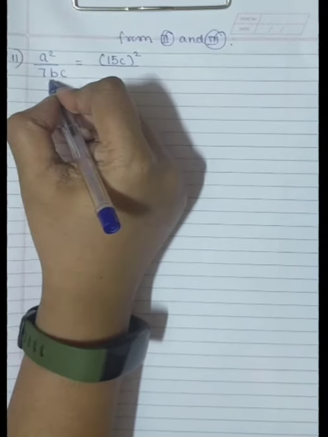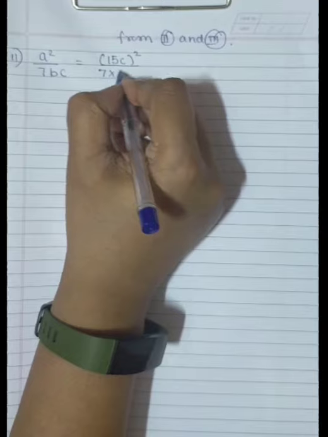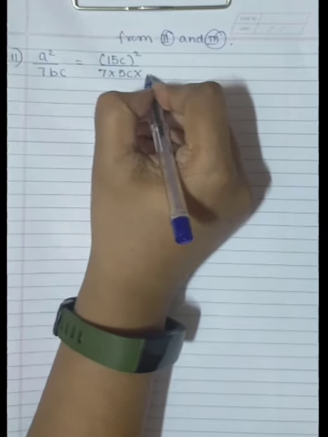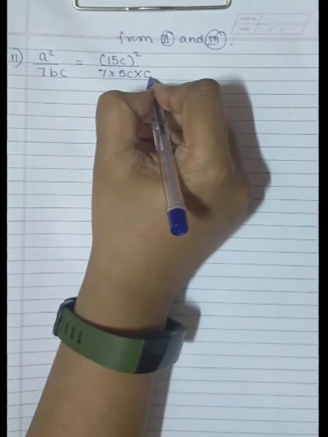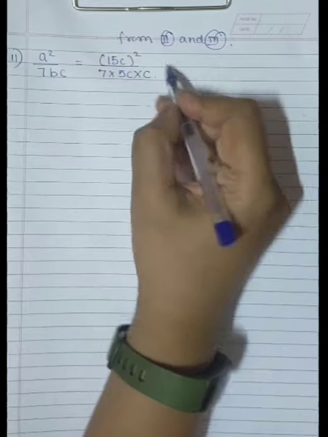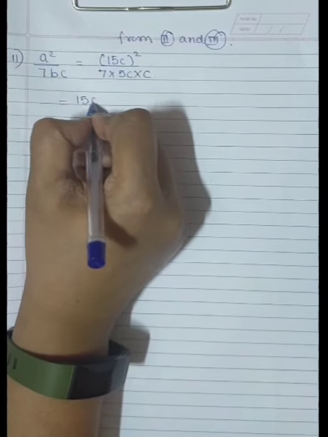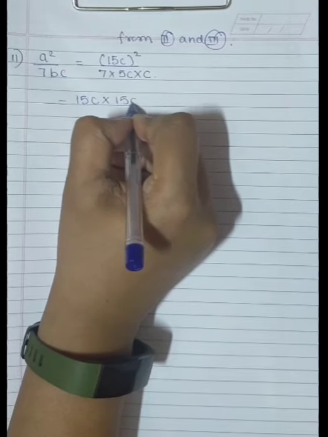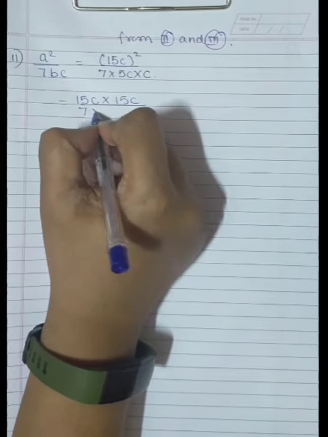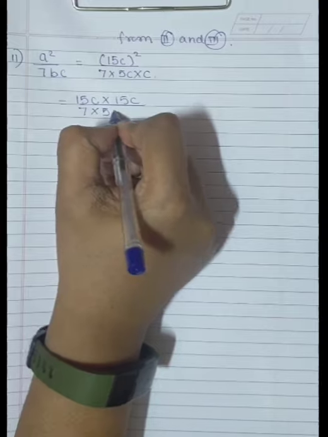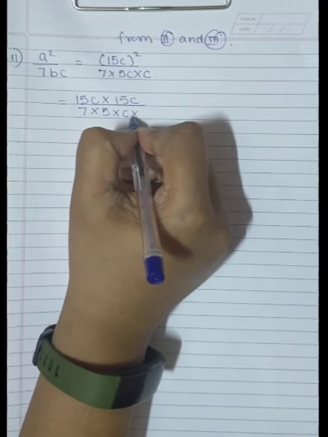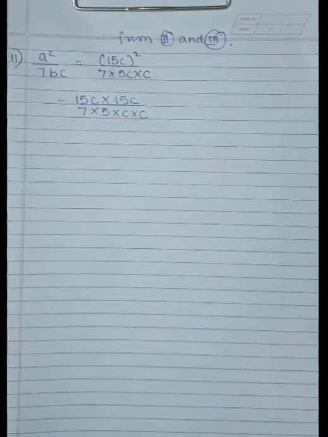Now here 7 is given, 7 multiplied by 5c, then again multiplied by c. Now again the next step is 15c multiplied by 15c upon 7 multiplied by 5c, again multiplied by c. I hope you are understanding.